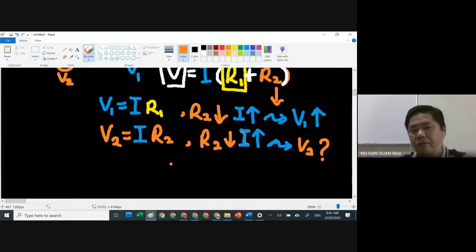V2, as I show you here, is the product of the current across it multiplied by the output itself. Now the problem is the output is changing, and the current is also changing. Output lower, current higher. Output higher, current lower. So when the product is showing the V2, what happened to the V2 for this product actually?